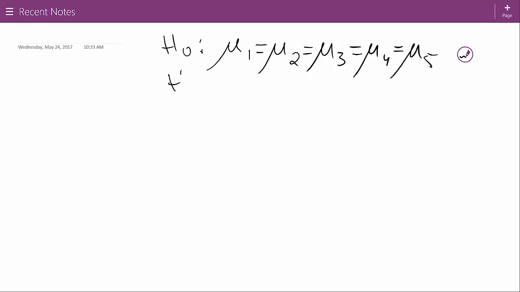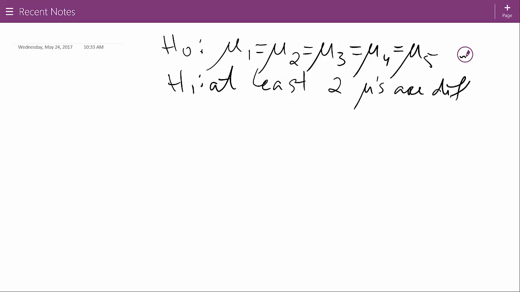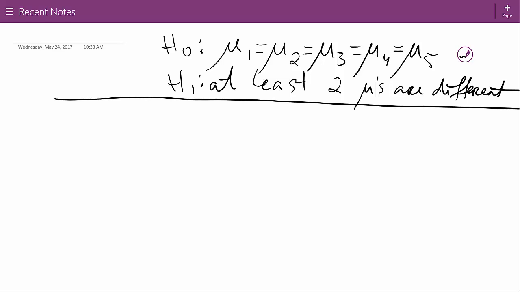And my alternative is always going to be that at least 2 populations are different, at least 2 mu's are different. Okay, so that's my standard test in ANOVA.